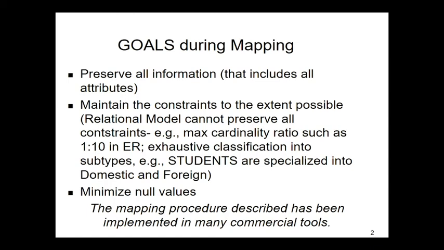Okay? So, one of the things that we have on the next line there is maintain the constraints to the extent possible. So, we have relational model cannot preserve all constraints. So, for example, we have a max cardinality ratio such as 1 to 10. So that's our kind of cardinality. Depending on the type of relational database management system that you are using, you may be able to put in that constraint, or you might not.